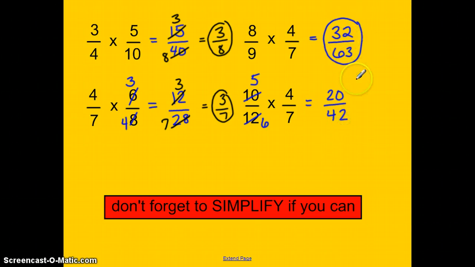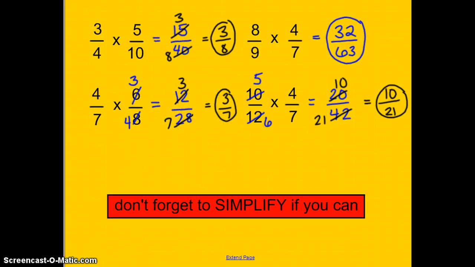This can be simplified because I know that 2 goes into 20 10 times, and 2 goes into 42 21 times, so my answer is 10/21. But that simplifying is a lot easier than it would have been if we had multiplied 10 times 4 and 12 times 7. It gave us smaller numbers, and smaller numbers are always easier to simplify. So you want to try to simplify first in your original fractions and then simplify your answer.